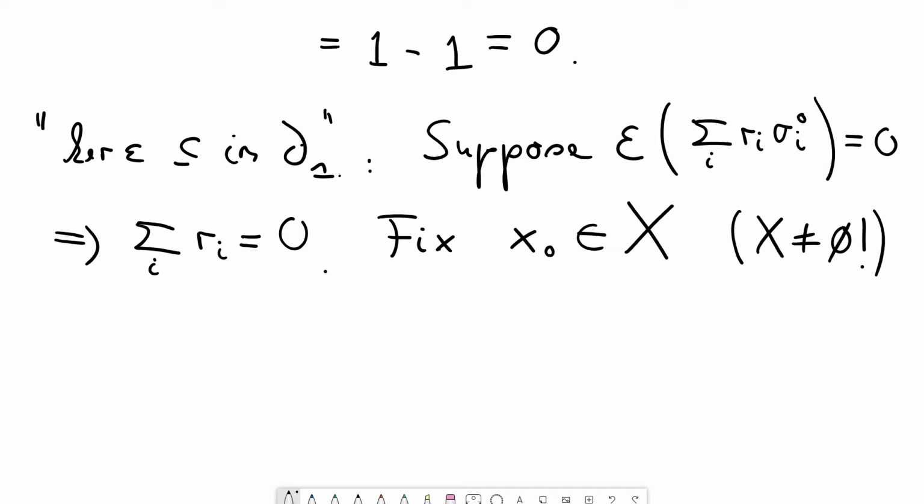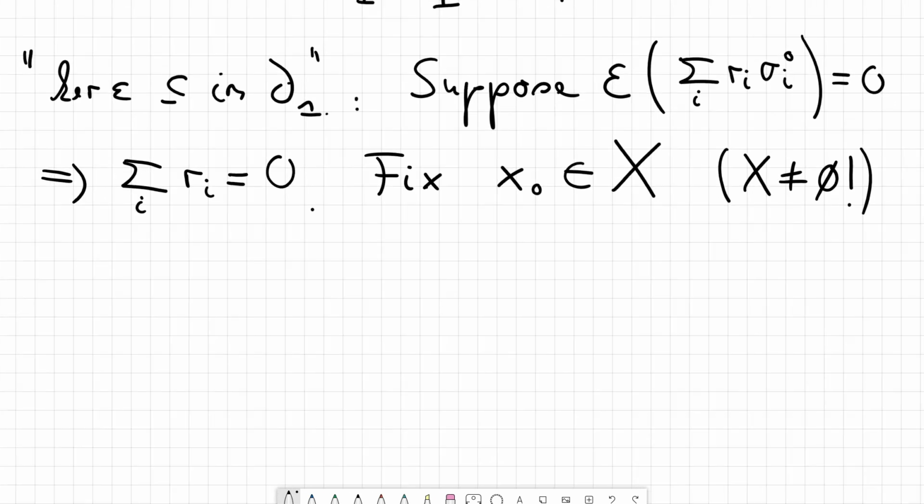Namely, by path connectedness, we can connect the base point x0 to every point given by such a singular 0 simplex here. And this is what we do now.